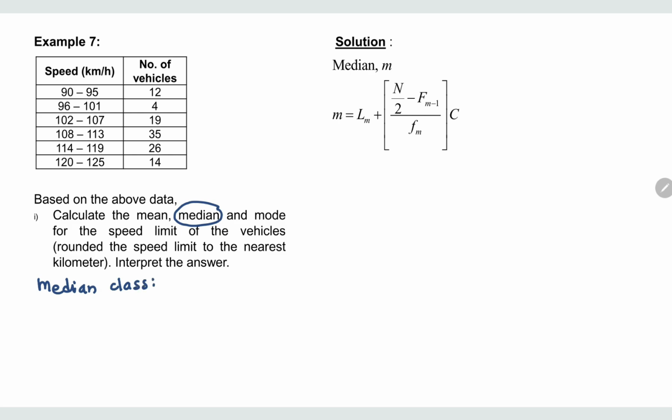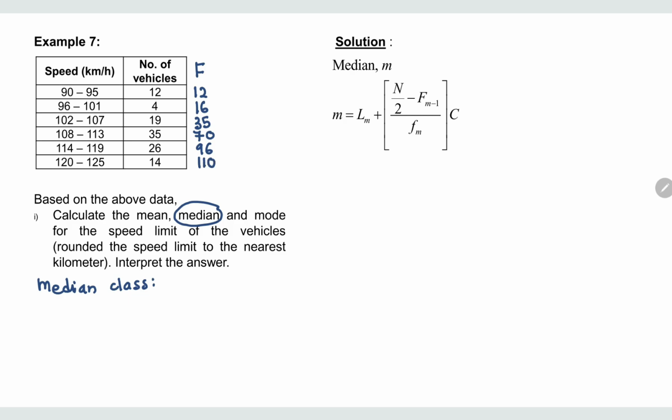To find the median class, we must determine the location of the middle observation among the class intervals. To find the middle observation, we use the cumulative frequency, which is 12 for the first class, 16 for the second class, 35 for the third class, and so on, up to 110 for the last class.